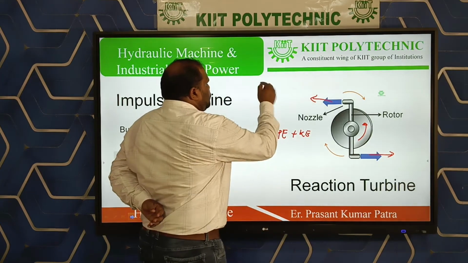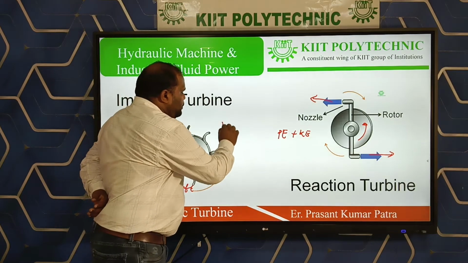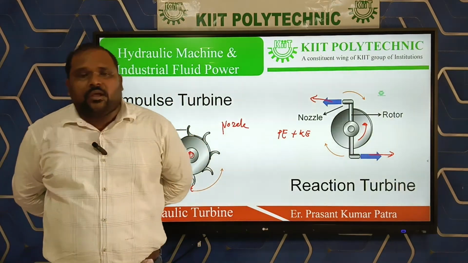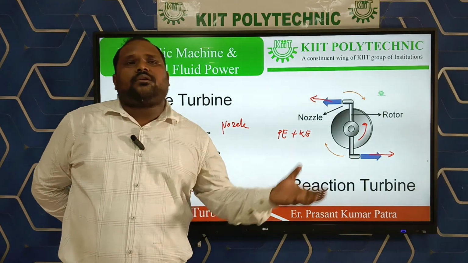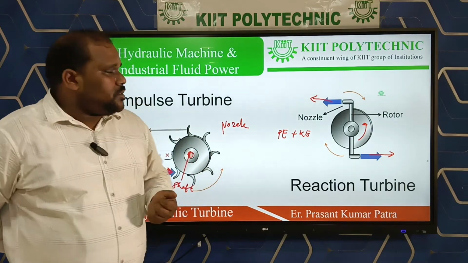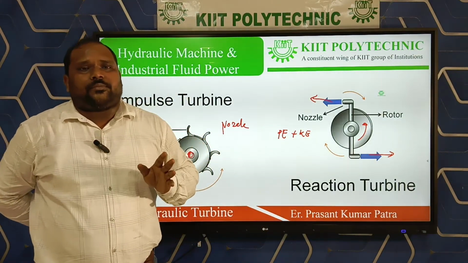In the case of the impulse turbine, we use a nozzle, and by using the nozzle we convert the energy of water into kinetic energy. But in the case of the reaction turbine, the nozzle is absent.